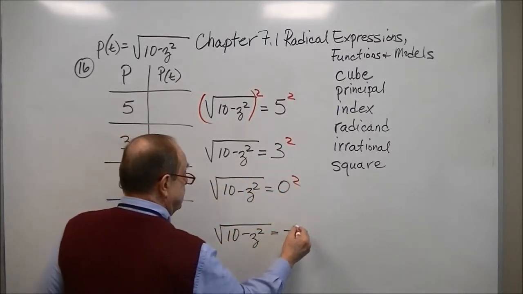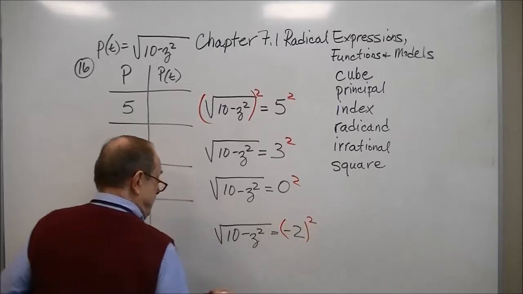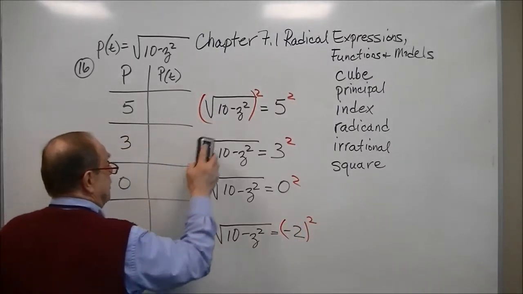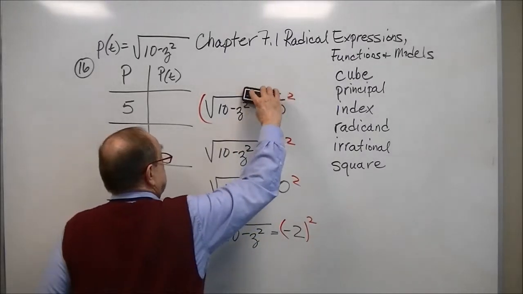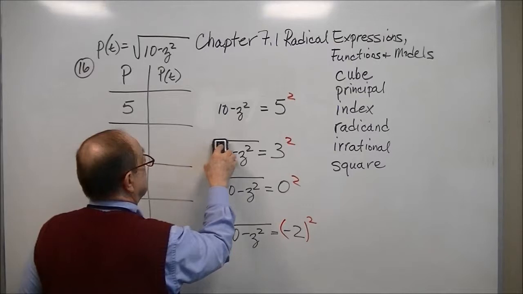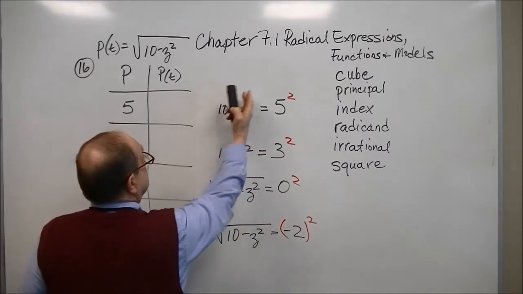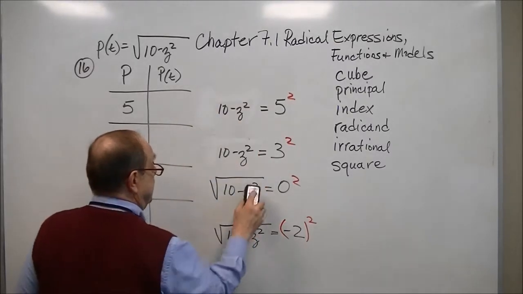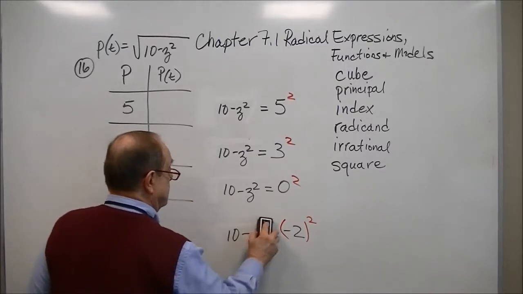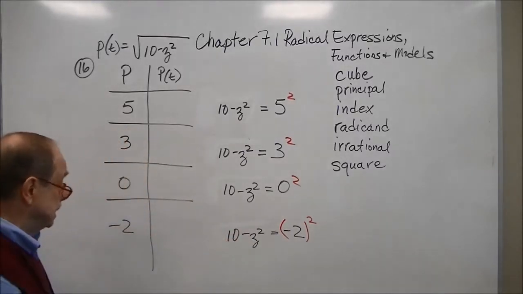Square this side, square that. And then what happens? Our radical sign goes away. So when you square something, it just becomes the radicand. So that makes it a lot easier.